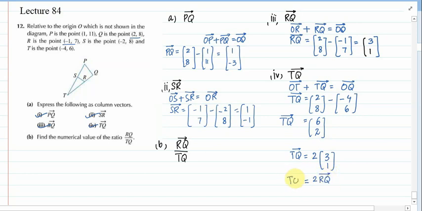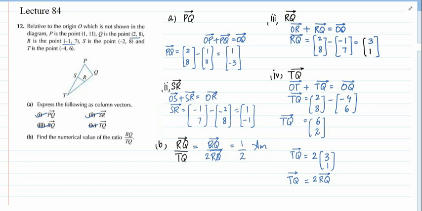So basically TQ is equal to 2 times RQ. Cancel. The final answer of RQ over TQ is 1 over 2. Right?